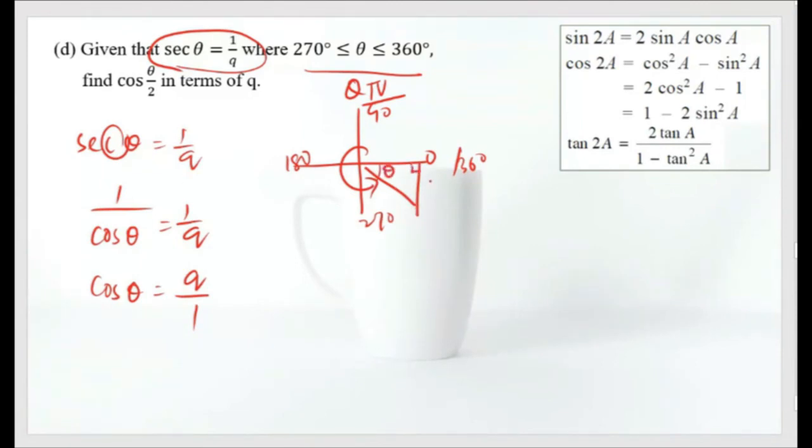Theta, 90 degree. Cos theta equals q over 1. Cos is a over h, right? A is q, okay, h is 1. Okay, q positive 1. Then what is the value here? The value here is theorem Pythagoras, longer side 1 square minus q square.